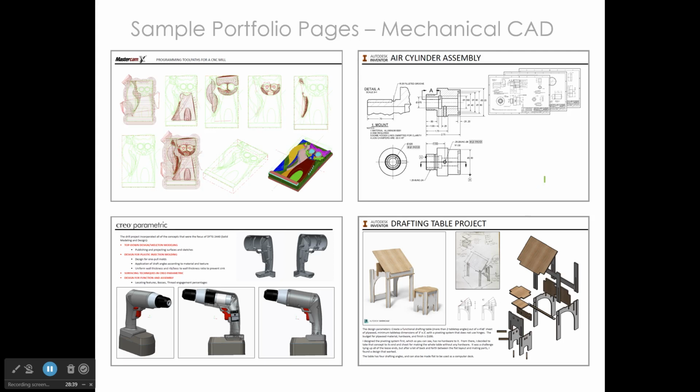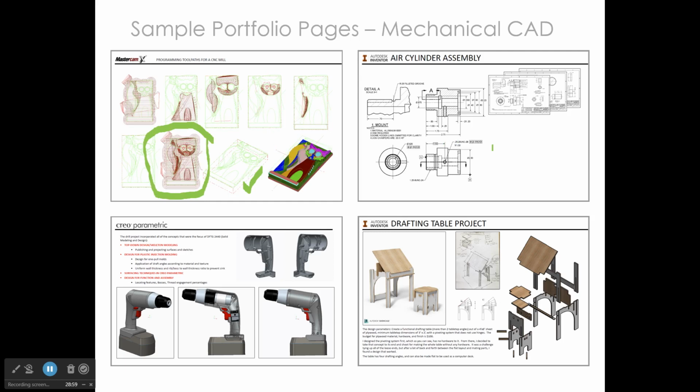Here are sample pages from a mechanical CAD portfolio. This one shows Mastercam, which is a CNC program, and this student's project was to cut from a sheet of metal this sort of cat image that she designed.